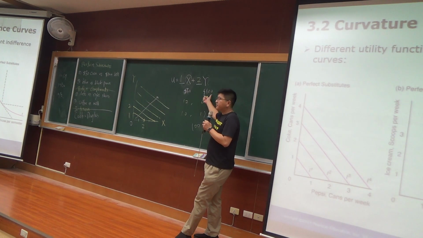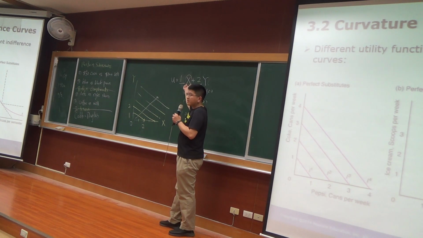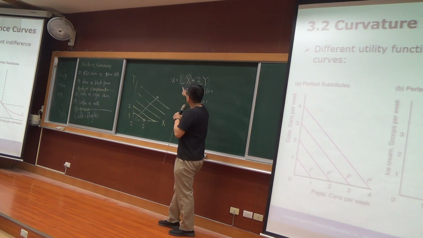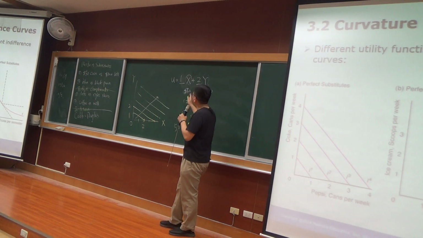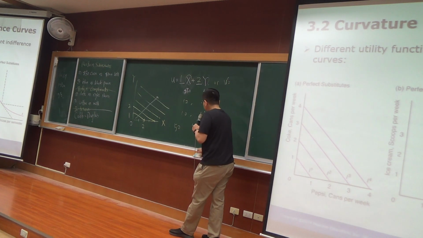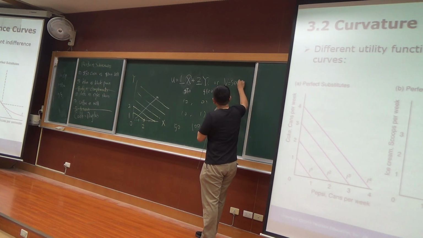So the monetary value of Y should be 100, and the monetary value of X should be 50. So it is 1 to 2. We may use this, or we may say V equals 50x plus 100y.